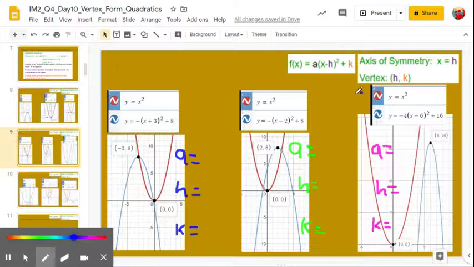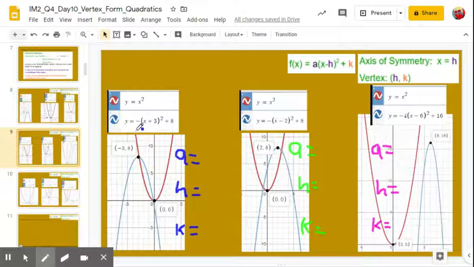All right, let's look at our next 3 examples here. So the first one on the left, we have y equals negative 1 times (x plus 3) squared plus 8. So our a value is negative 1, our h value is negative 3, and our k value is positive 8.